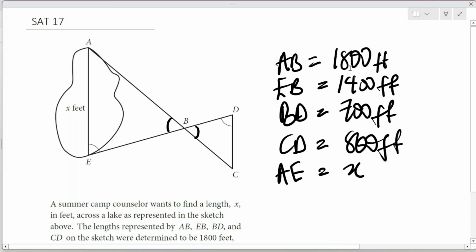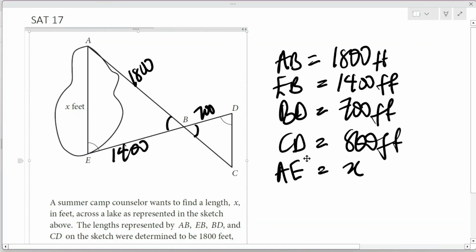We have AB as 1,800 feet. We have EB as 1,400 feet. We have BD as 700 feet. We have CD as 800 feet.